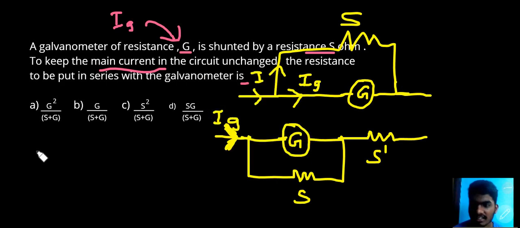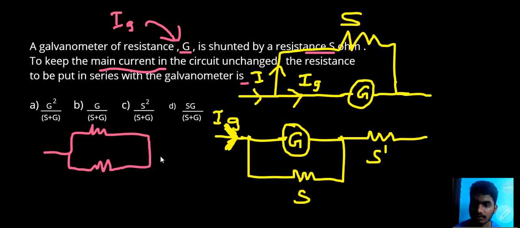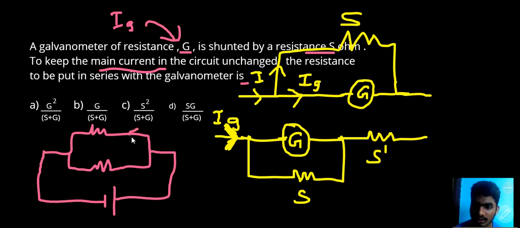Whenever in a circuit, I will be drawing a circuit right here. The circuit is present like this, and a potential difference is provided here. Here the current received by both the resistances is the same.